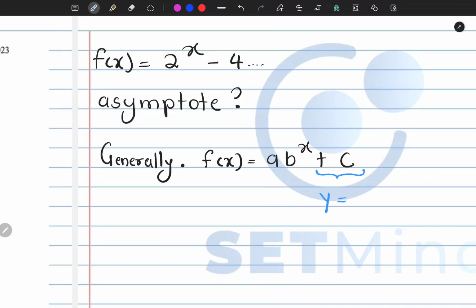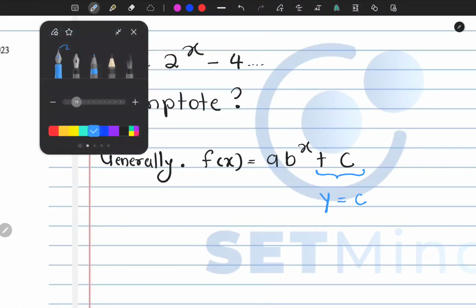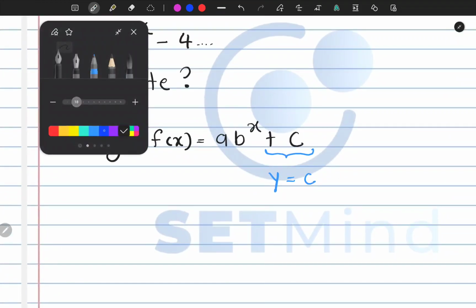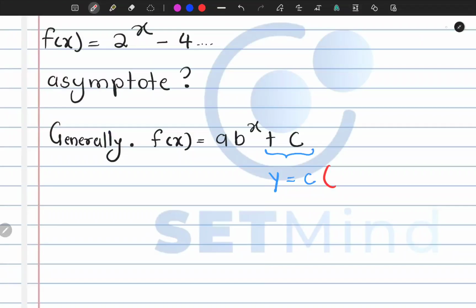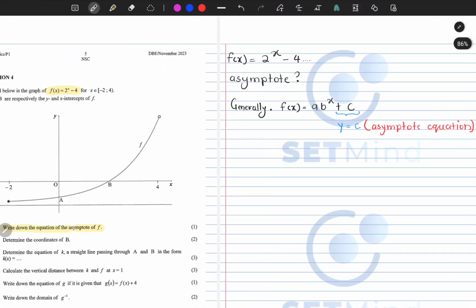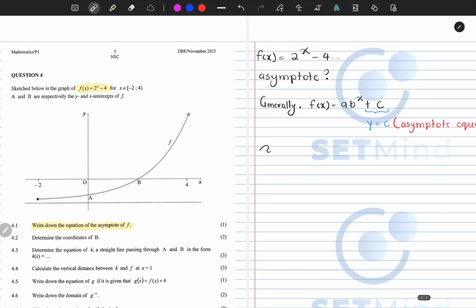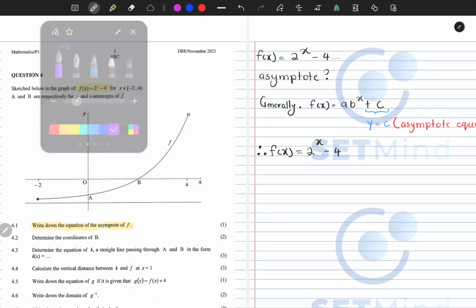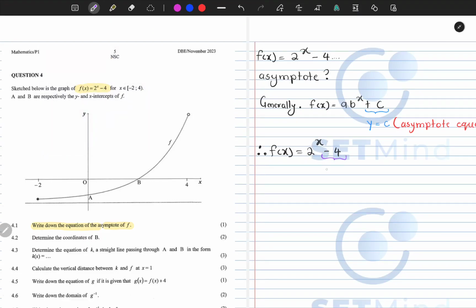So y is equal to c, whatever you are adding, that becomes your asymptote equation. Which means for the problem we are faced with, you have f of x, which I'm just going to rewrite, 2 to the x minus 4. What comes here is what becomes our equation of the asymptote.